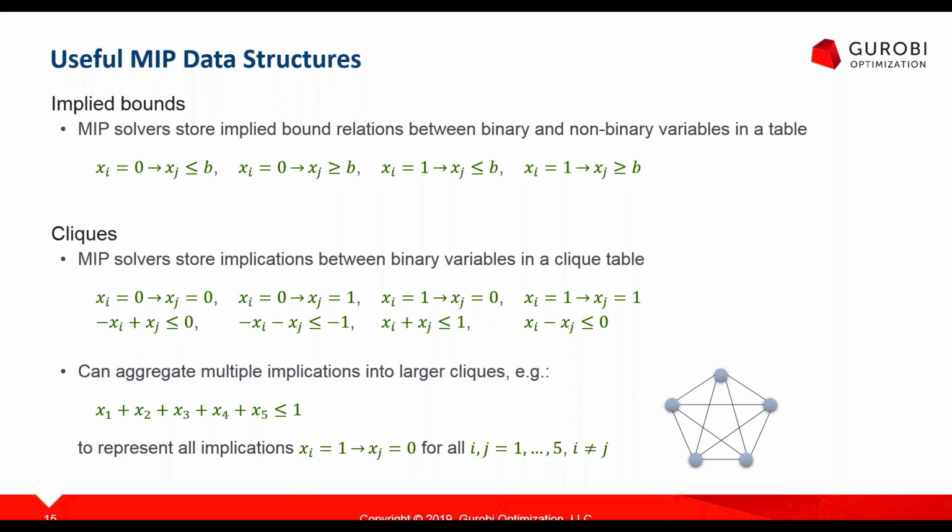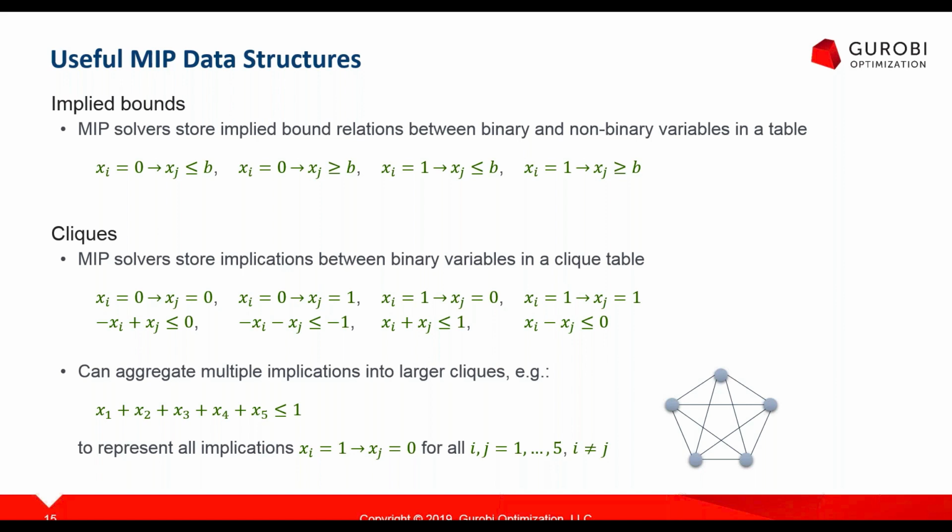And now with the cliques, you have the situation that you can store many of those implications in a single linear inequality. So consider this graph here. This is why this is called a clique, right? Because this graph is a complete graph, so a clique, where each pair of nodes have an implication between them. So a relation that at most one of the two can be set to 1 in any feasible solution.